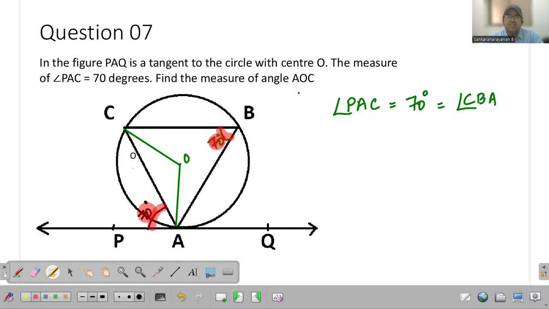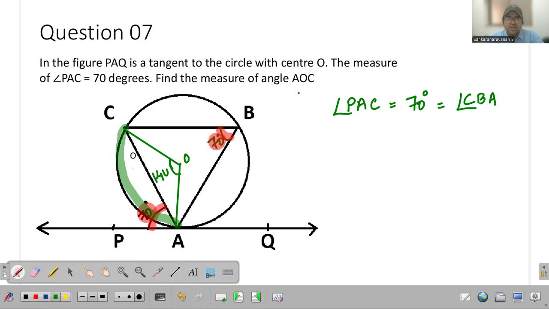Now, once that part is over, please note, we are dealing with the curve here. That curve that I am considering is C to A. This is the curve we are talking about. So if CBA is 70 degrees, COA has to be double of 70, that is 140.